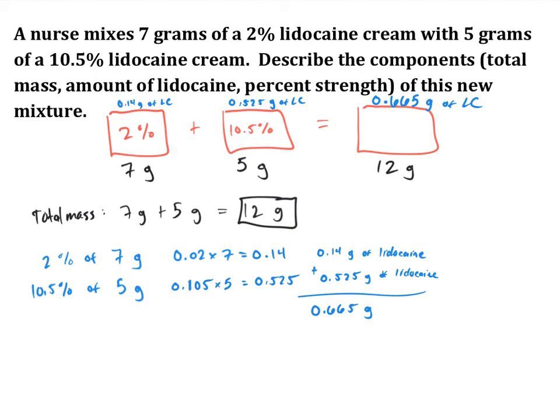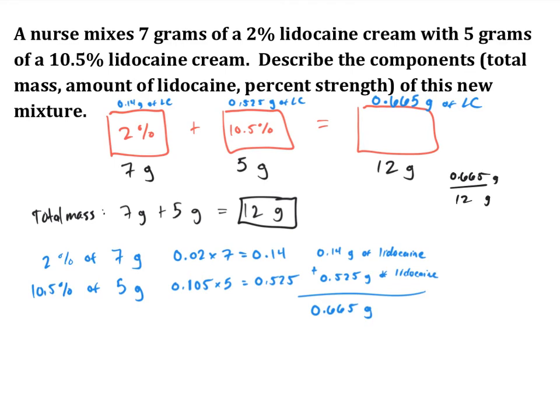And if I know that the total amount of cream is 12 grams, and out of that 0.665 grams is lidocaine, then I can use a proportion here. I can use 0.665 out of 12 grams.